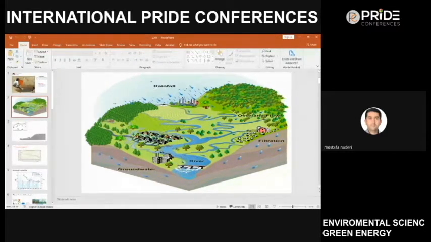As you can see in this picture, this is a river that flows over the land, and it should support two main sectors. The first is the ecosystem. Some portion of water in the river should be left for supporting the ecosystem and all the flora and fauna that live in this region.